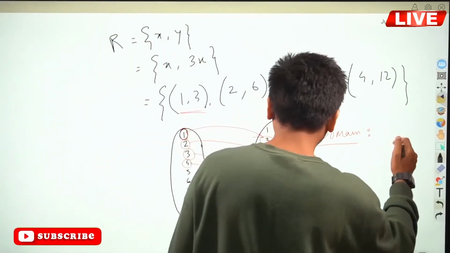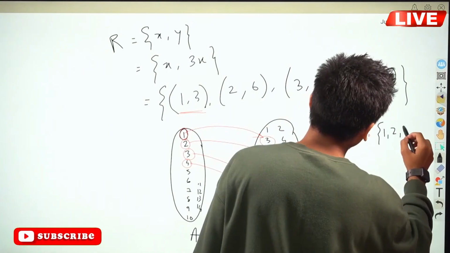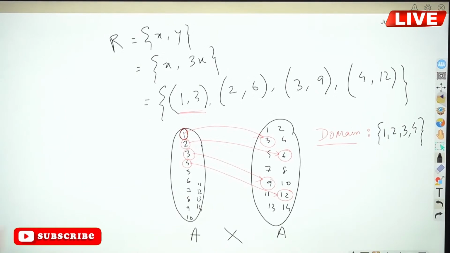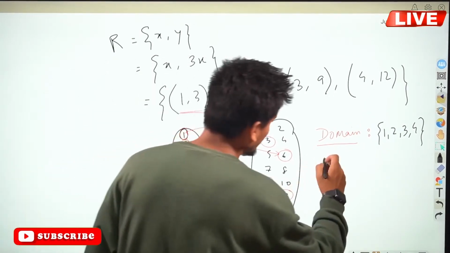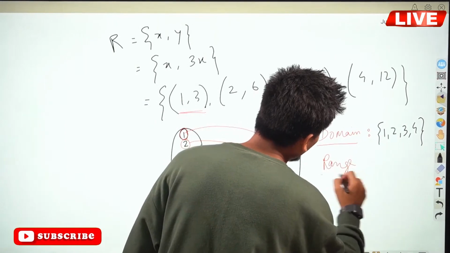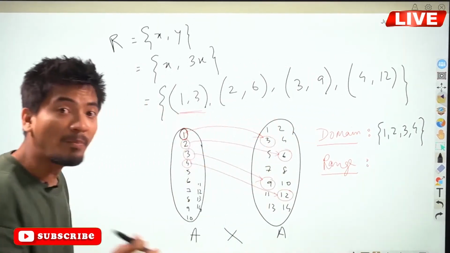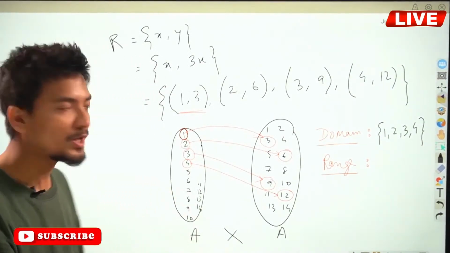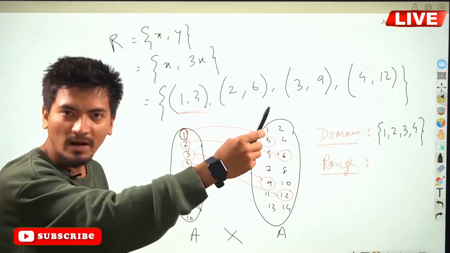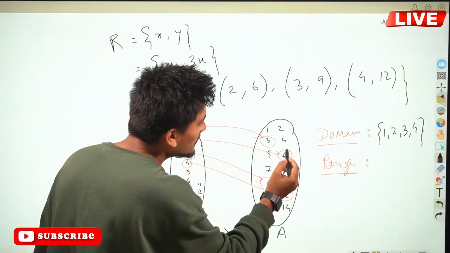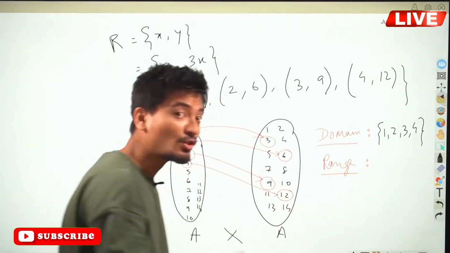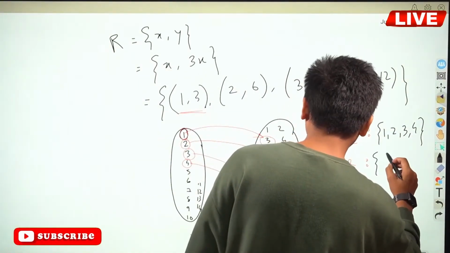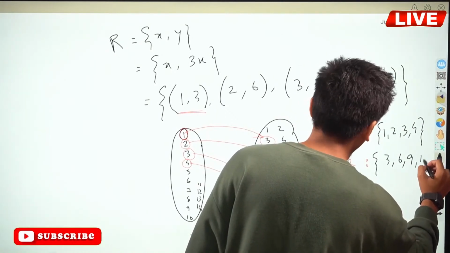So that means the domain is 1, 2, 3, 4. Right? Next, we have the range. So what is range? Range means the permissible outputs. What are the outputs that are permitted? There are so many outputs, right? Out of this, 3, 6, 9 and 12 are only permitted. So that means the range is 3, 6, 9 and 12.